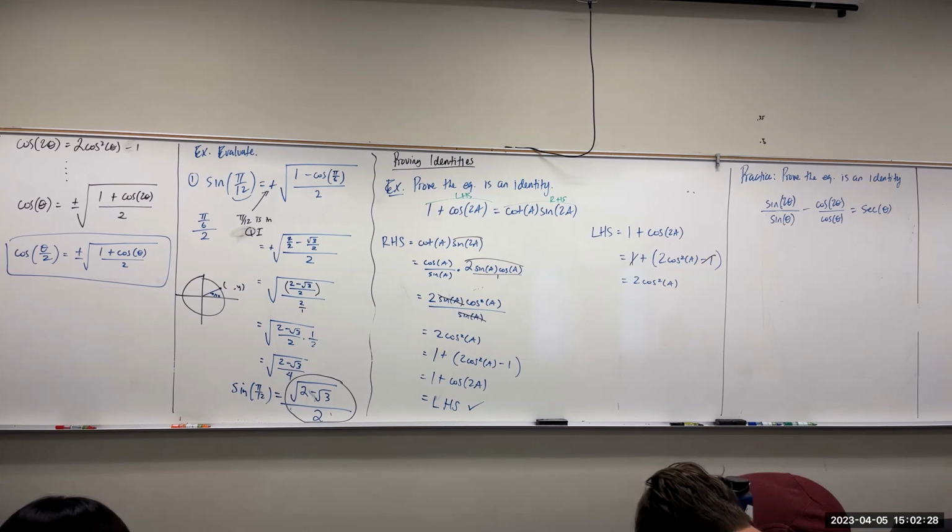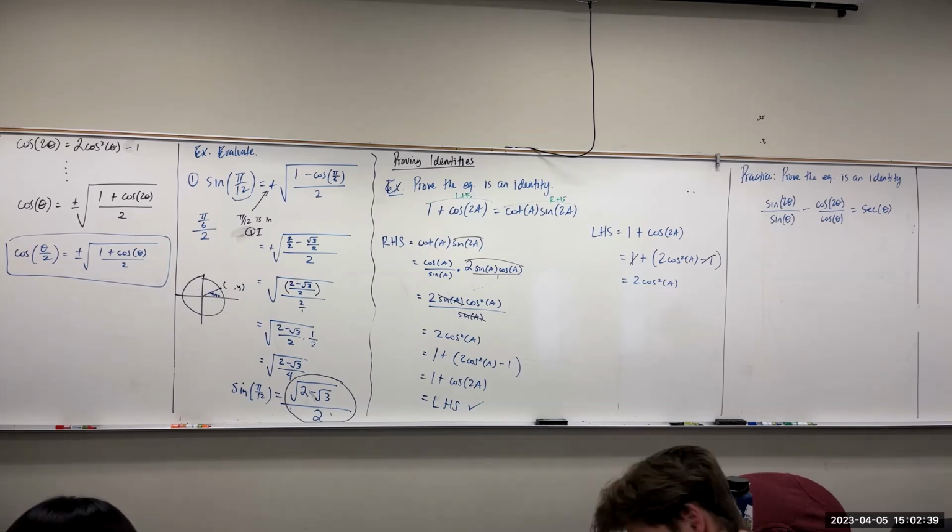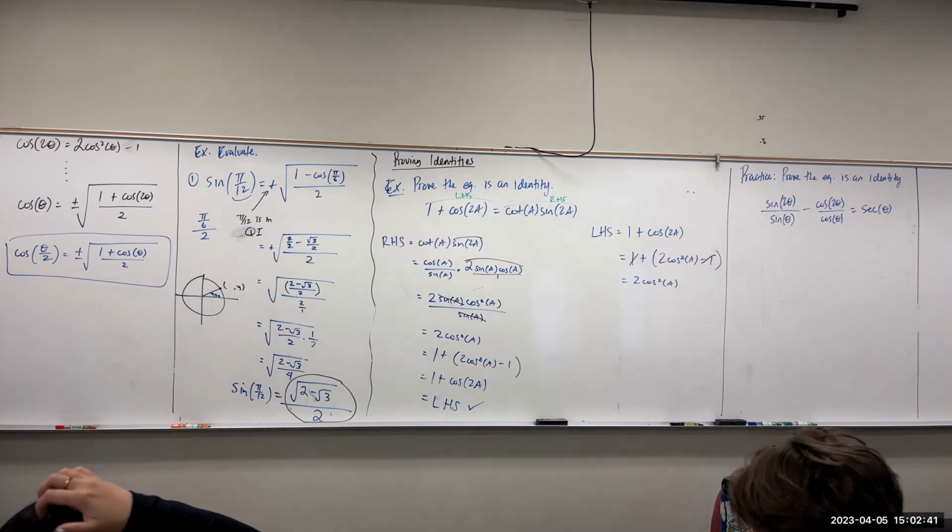Rewrite everything, but instead of writing sine two theta, do it like that. You need to figure out which of those three identities you want to use.